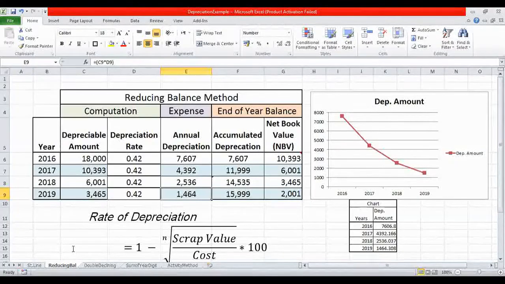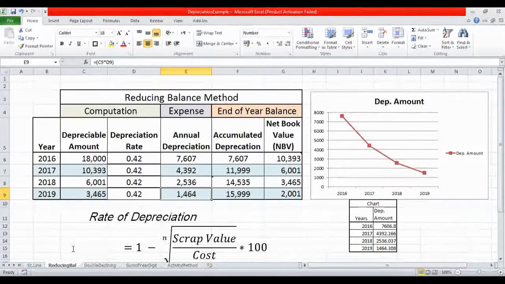By the way, reducing balance method is also used because most of the time the companies feel that when we purchase a new asset it can produce more goods and services than in the later stages of the asset. So that's why sometimes the reason for using reducing balance method is that the new property, plant and equipment produce more goods and services because they are new.